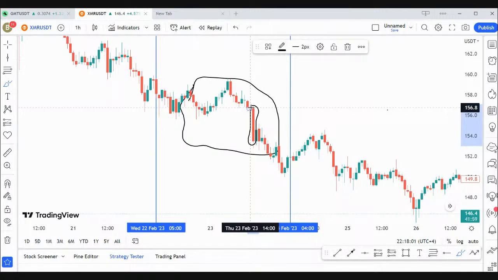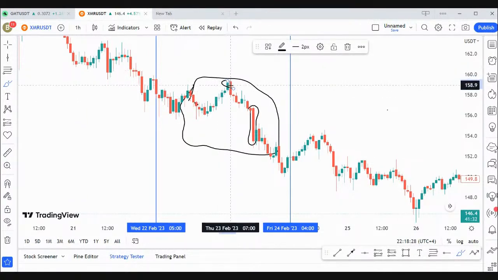There was a lot of this coin that was being sold, and that was why this candle is big. Remember that this particular candle and this particular candle are not the same thing. And remember one thing, that all these candles are money. The money that is moving around in this coin, that is what is represented in this candle.